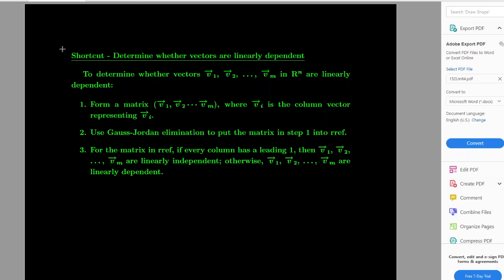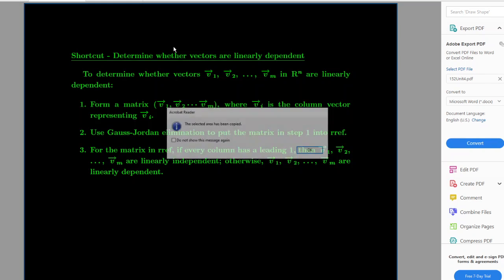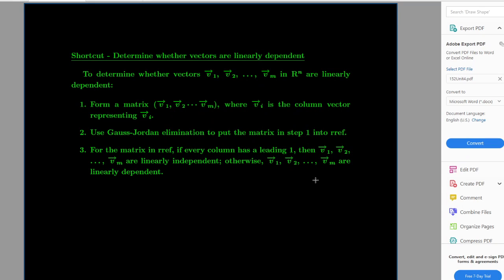The statement of the shortcut method is in the notes. You do not have to copy this. I'm going to make some comments. To determine if given vectors in Rn are linearly dependent or independent, you form a matrix. You put the components of the given vectors in columns.